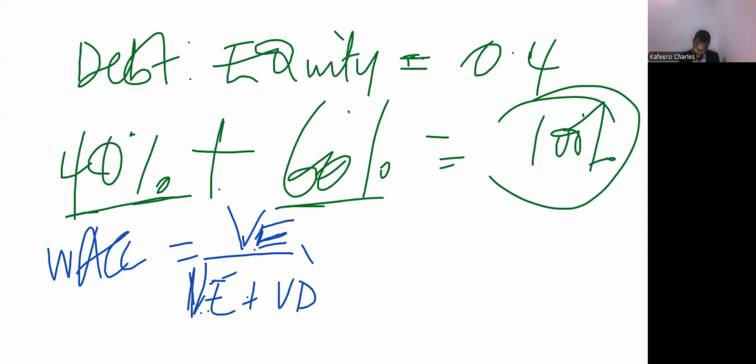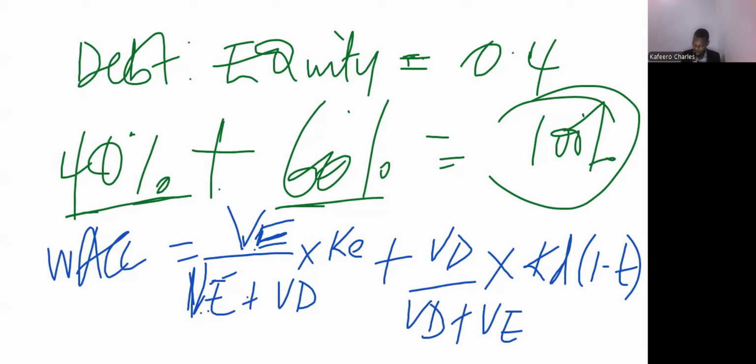That's the formula. But since the company is not geared, because before, remember, we are computing the cost of this part B.